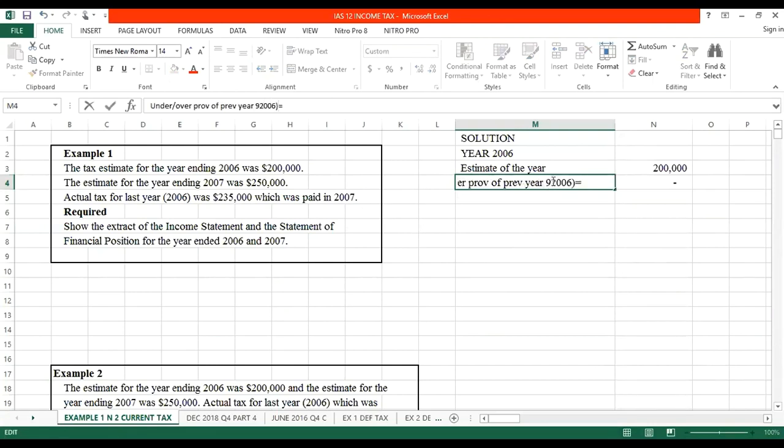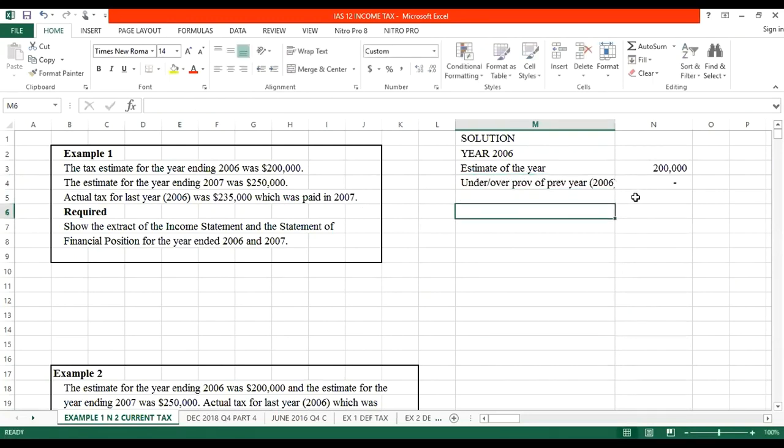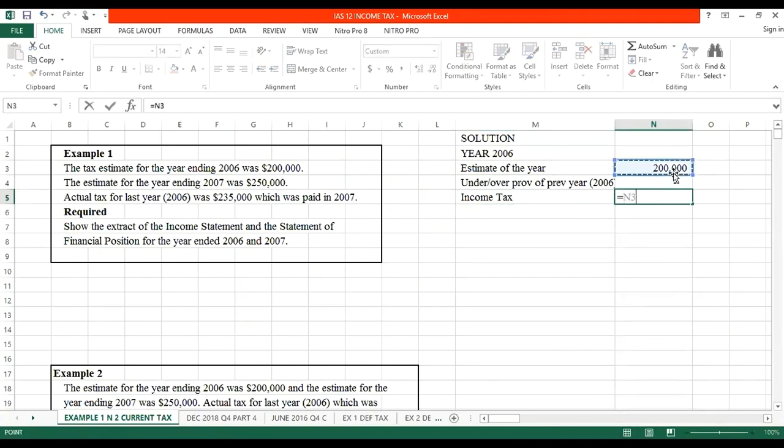We were not given that. Sorry for my typos, 2005 is 0. So what will be the income tax for the year? Income tax for the year will be equal to 200,000, of course, plus 0. What do we get? 200,000. That is for the year 2006.